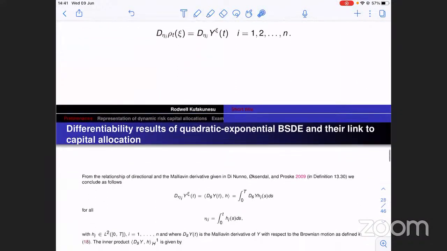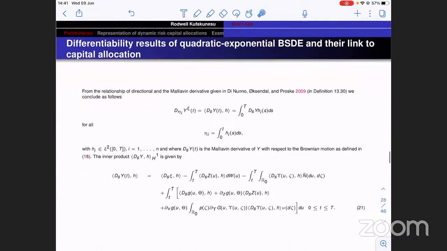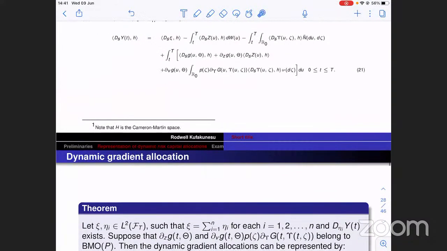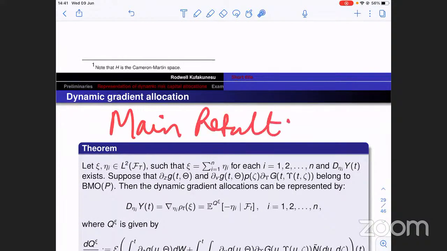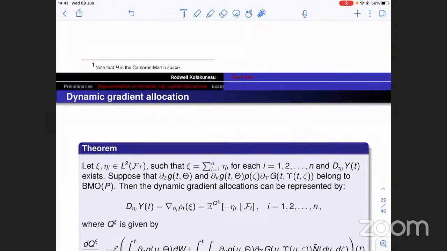Then I'll skip this part, which is part of the discussion of the differentiability of our solution of the backward stochastic differential equation. And now this is sort of our main result, which is well done in the paper.